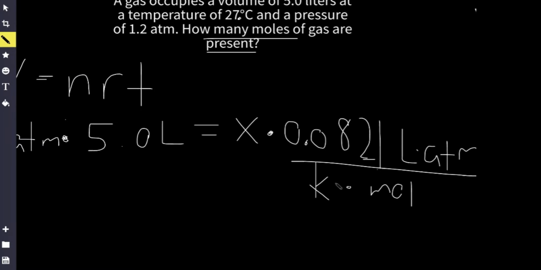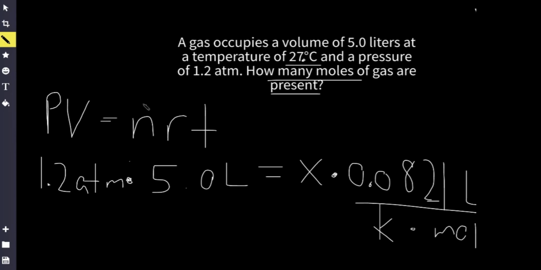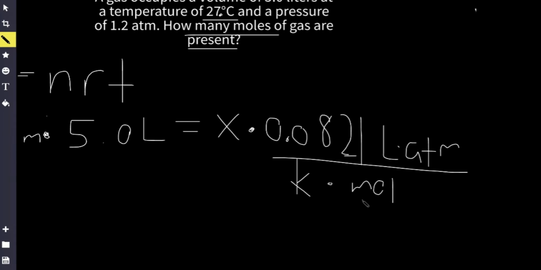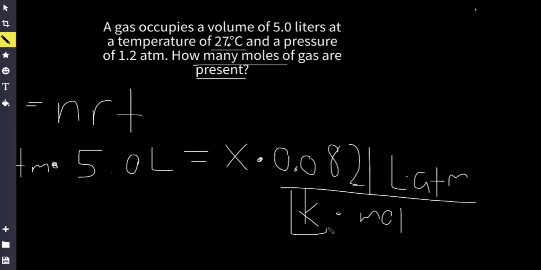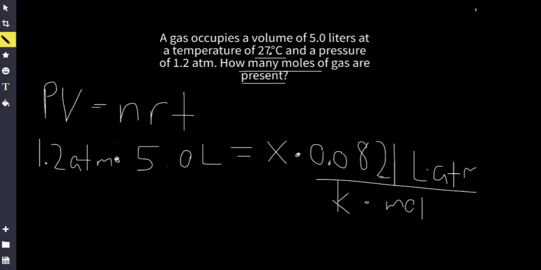Now the temperature right over here is 27 degrees Celsius. But remember back to what I said before: when you're doing ideal gas law problems, the temperature should be in Kelvin. Imagine if we plug 27 degrees Celsius into this equation.